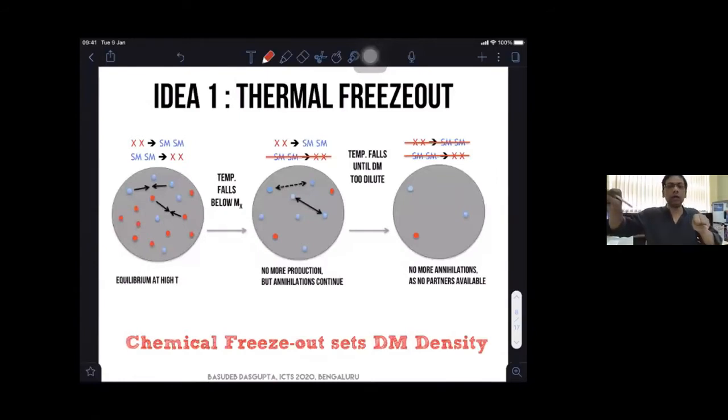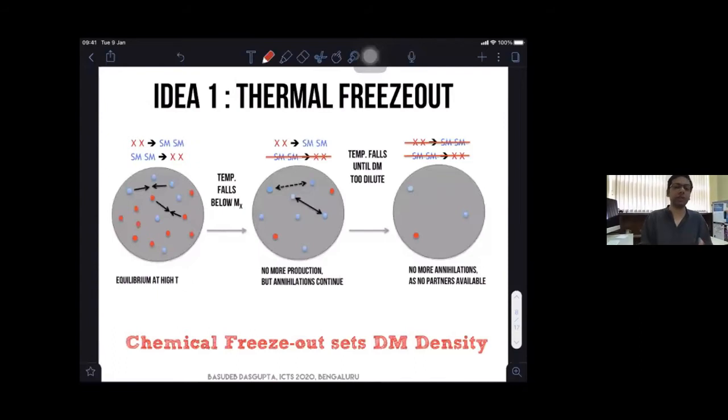So there is no partner with which it can annihilate. So then this particle is left alone forever, and it is what we would call the relic density of dark matter. So this is the heuristic picture of how dark matter can be left behind as a relic of a thermal evolution of the universe.